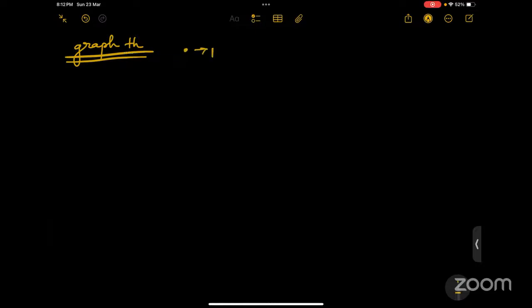Lines means we will have two endpoints. Here in graph theory, we will call the points as vertices and the lines as edges.